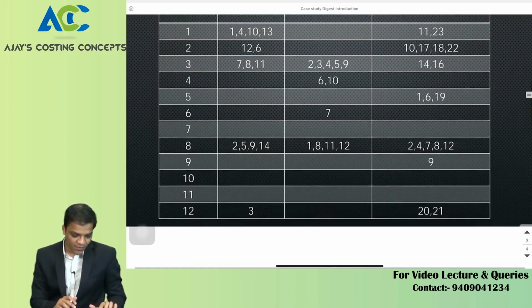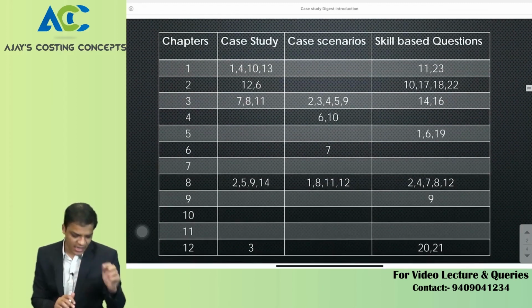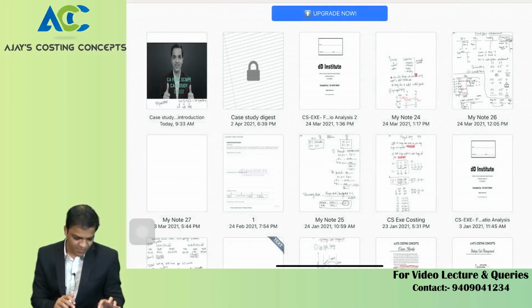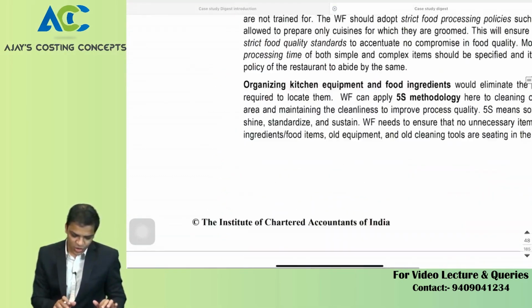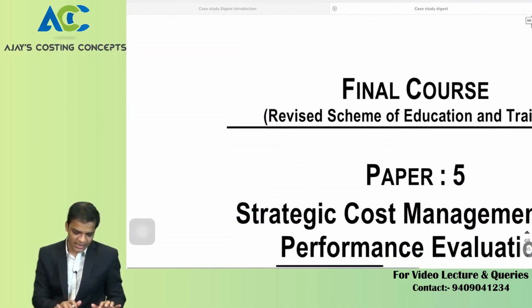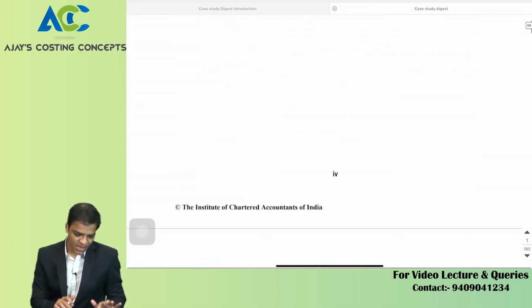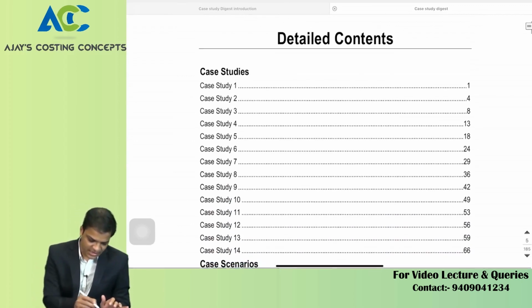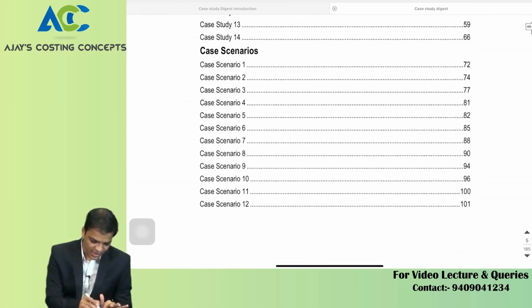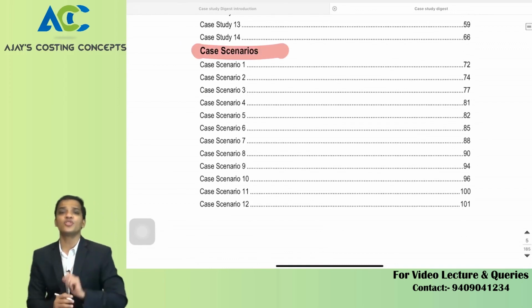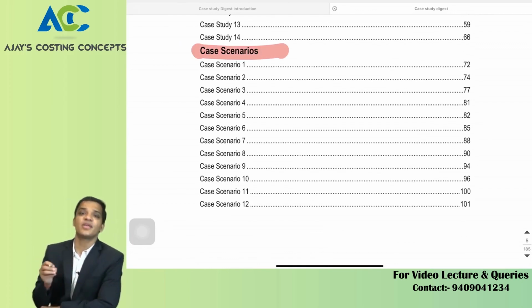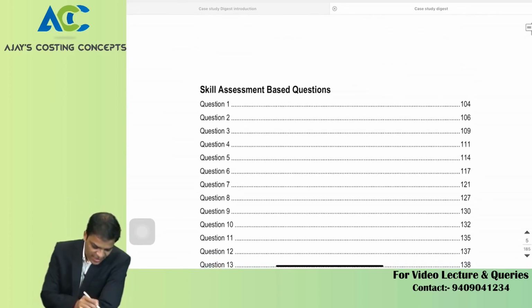Now, a common point I want to explain is the difference between case study and case scenarios. A lot of students don't know what exactly a case study or case scenario is, and what a skill based question is.